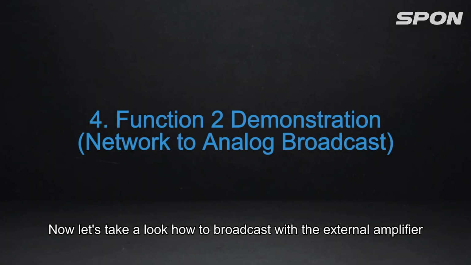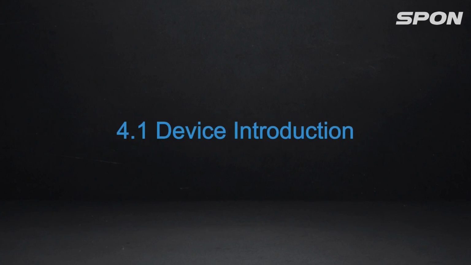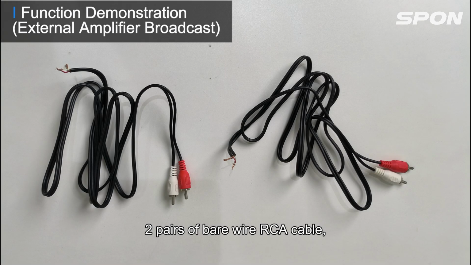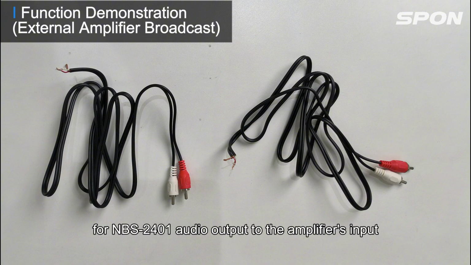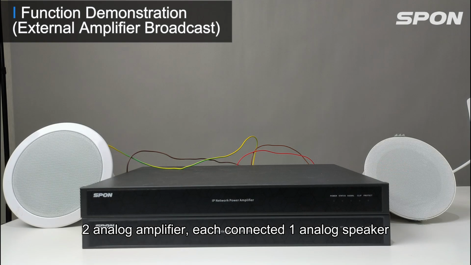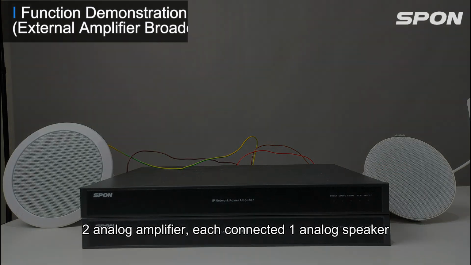Now let's take a look at how to broadcast with the external amplifier. We need two pairs of bare wire RCA cable for NBS-2401 audio output to the amplifier's input, and two analog amplifiers, each connected to one analog speaker.